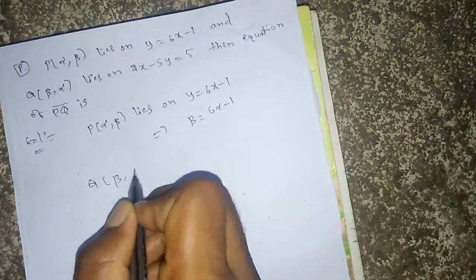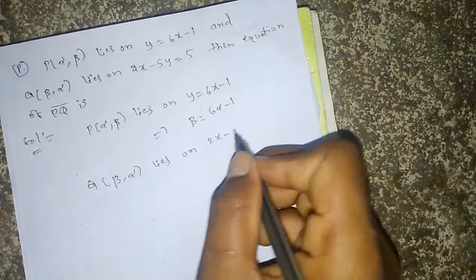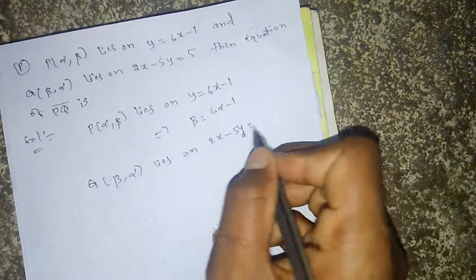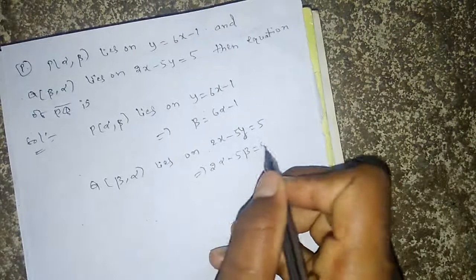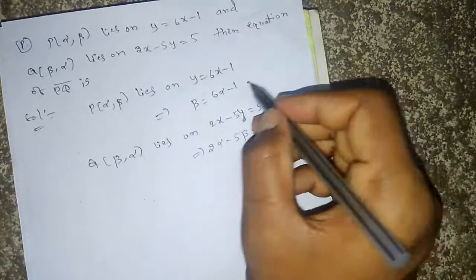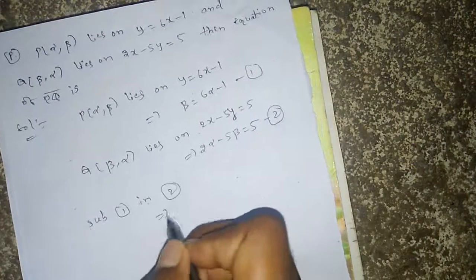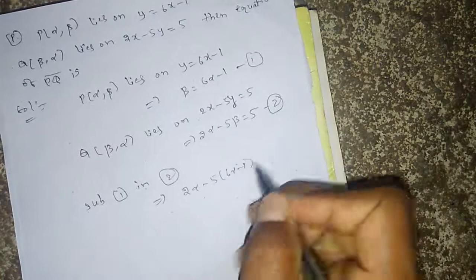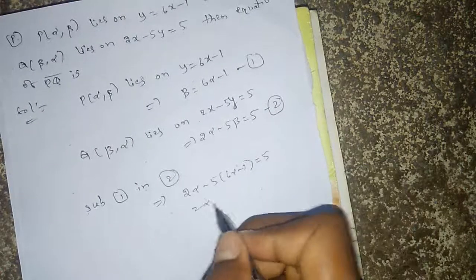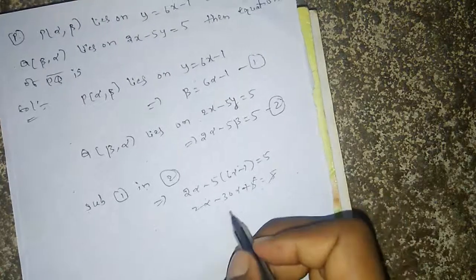Q lies on 2x minus 5y is equal to 5 implies 2 alpha minus 5 beta is equal to 5. Let this be 1, let this be 2. Substituting beta value, 2 alpha minus 5 into 6 alpha minus 1 is equal to 5. 2 alpha minus 30 alpha plus 5 is equal to 5.